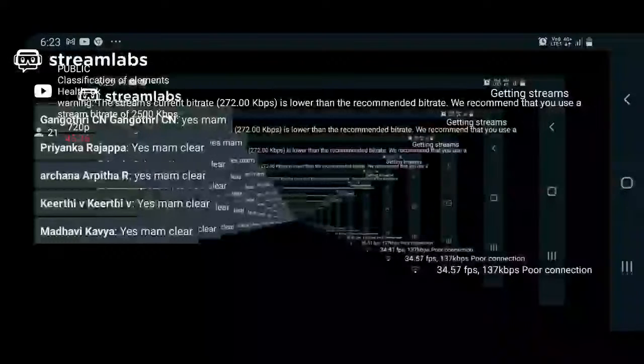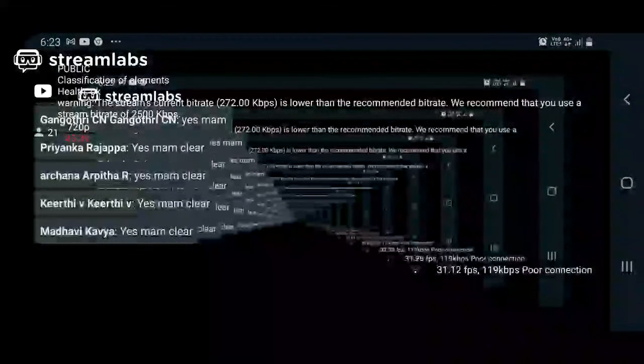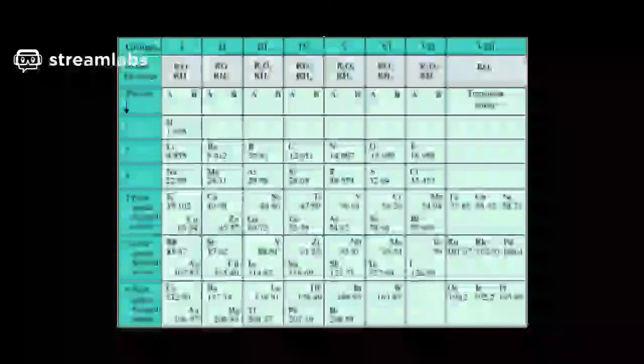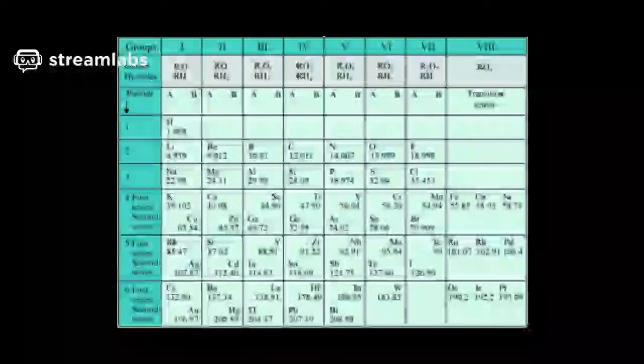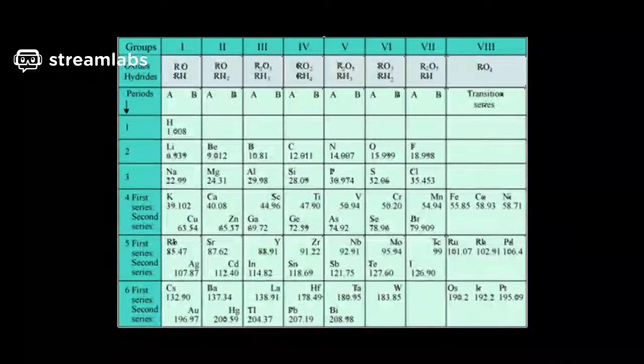So let me have a glance upon the table once again, Mendeleev's table. Of Mendeleev's periodic table, many new elements came into existence, like noble gases helium, neon, argon. And there are certain disadvantages also.